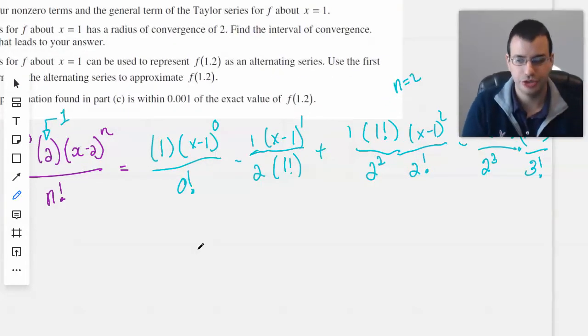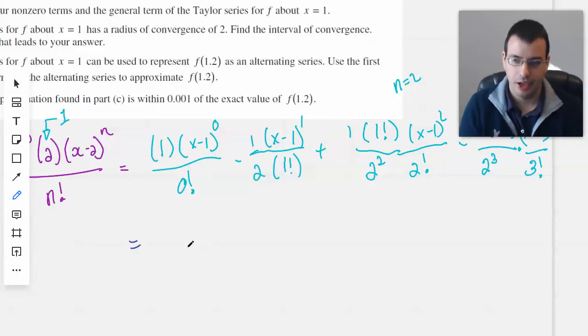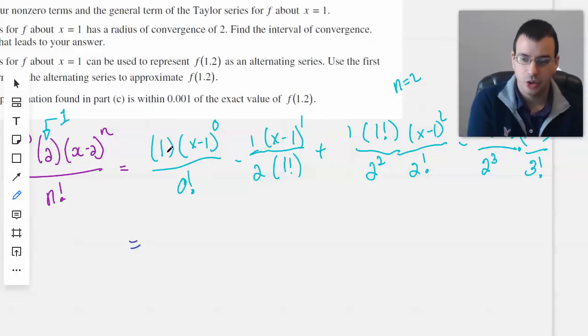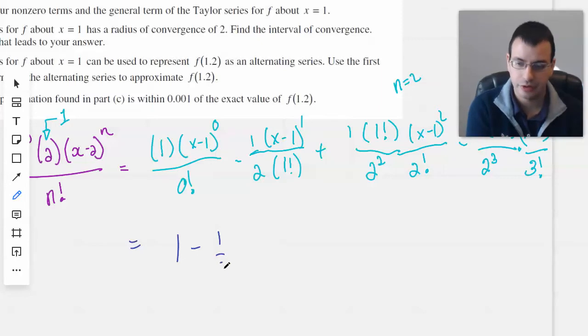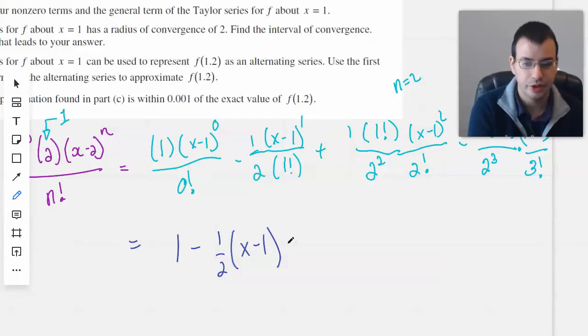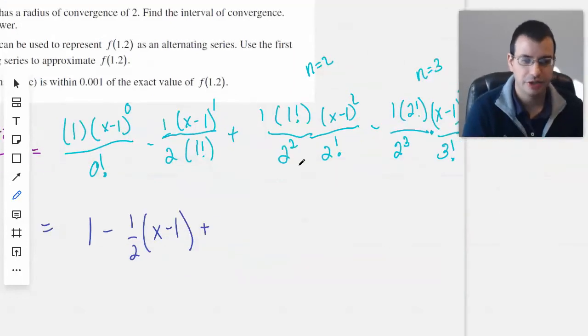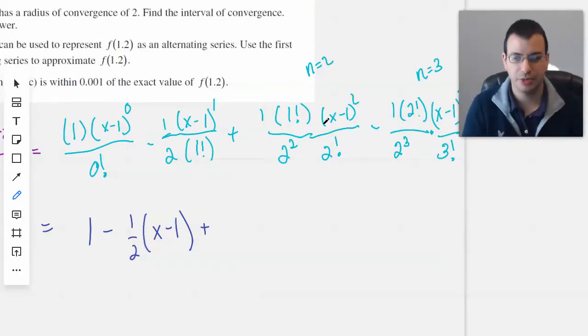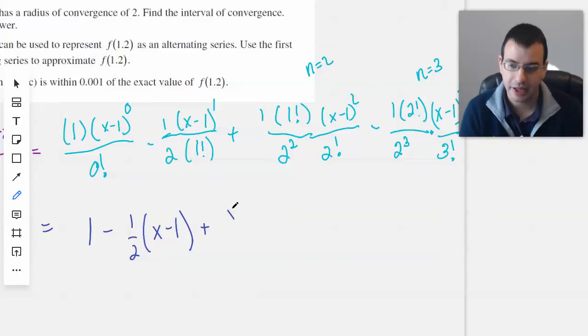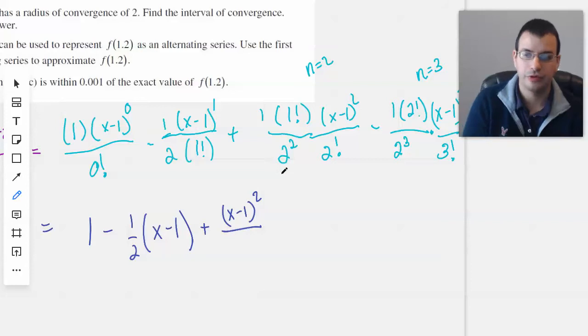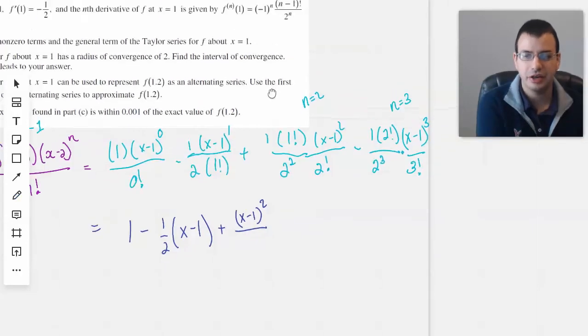It'd be sort of rude just to leave it as such. Okay, so this is 1 times 1 divided by 1, which is 1, minus 1/2 times (x minus 1) plus, okay, so now we look at this one, 1 times (x minus 1) squared, all over, let's check that again.